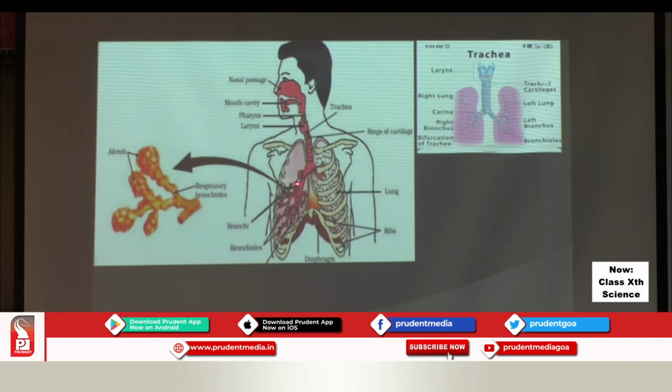Finally, the passage terminates at one part in the lungs, and that part looks like a balloon. So, balloon-like structures are present in the lungs, and we call these balloon-like structures alveoli. So, these alveoli provide the surface area for exchange of gases.